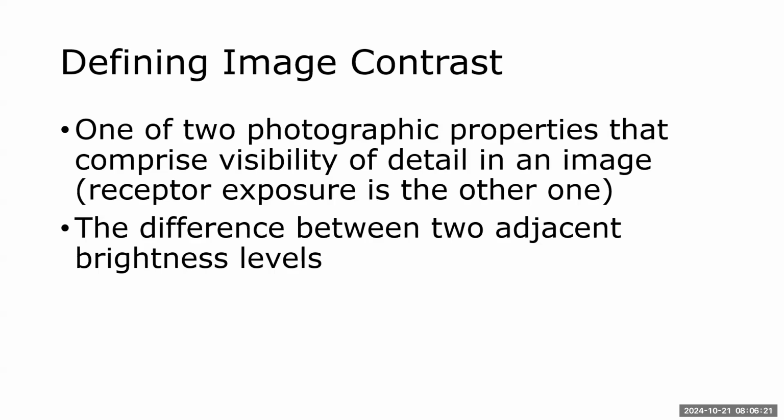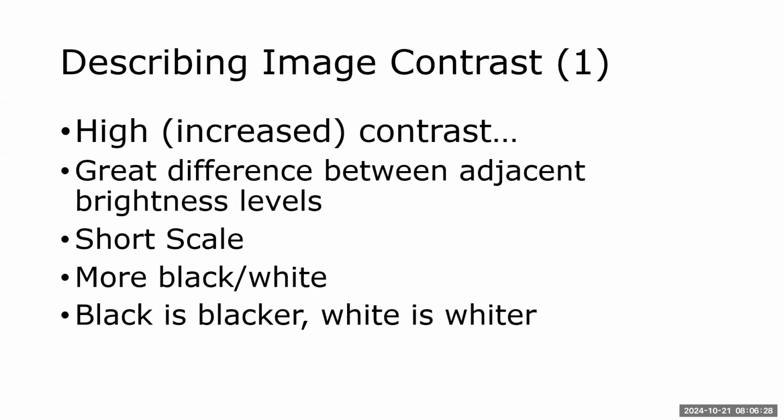If we are talking about high contrast or increased contrast, then we're talking about a great difference between those brightness levels. We can also refer to that as having short scale or short grayscale. The image is going to appear more black and white. The black is blacker, the white is whiter. And so we'll see an example of that.